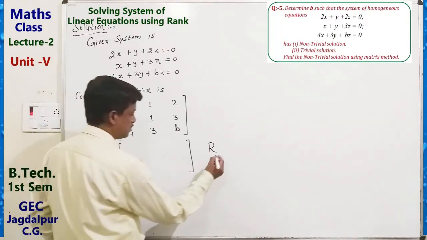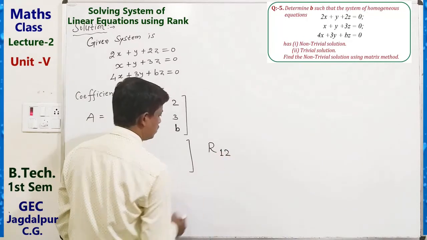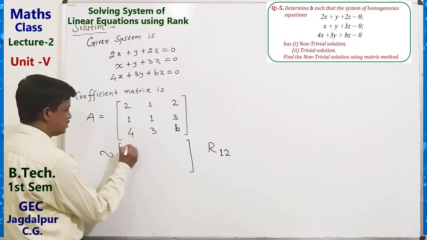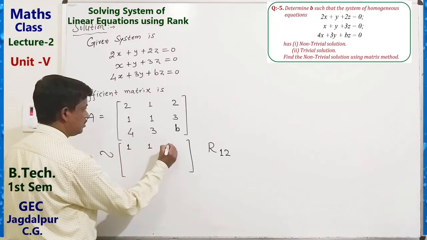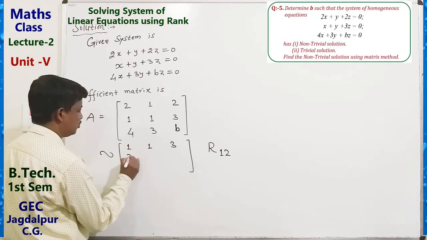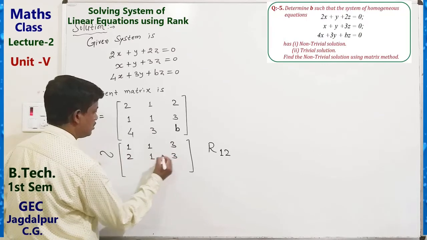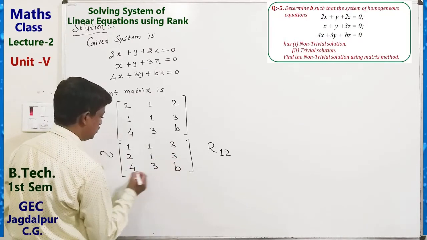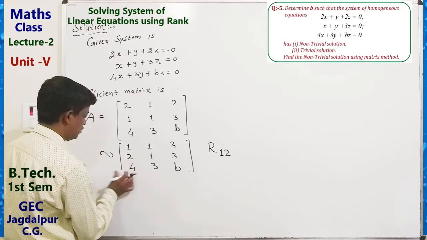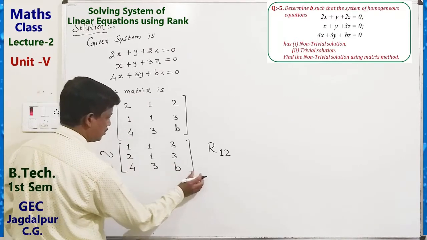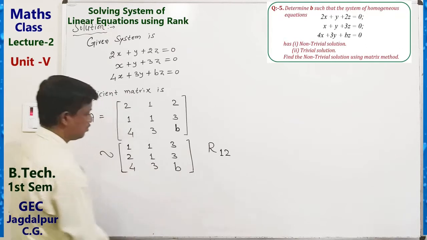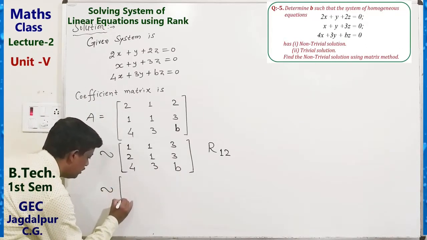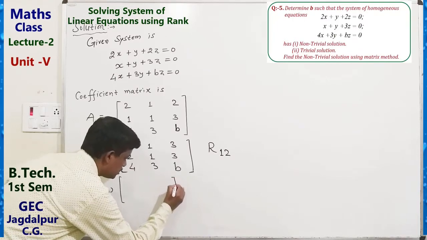So first of all R1 and R2, first row and second row are interchanged. 1 1 3 and 2 1 2, 4 3 b. Okay, and now apply another operation.